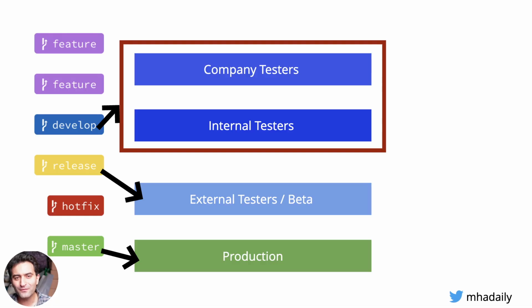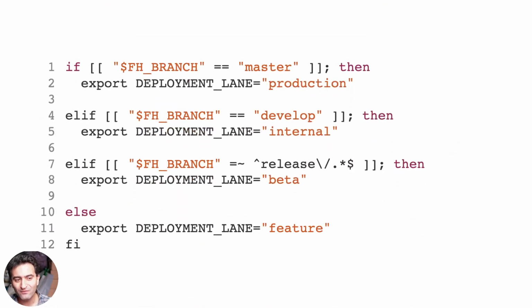So this is one of the flows that works pretty well. In fact, you can create a script, bash or whatever, that also matches your deployment lane with these branches as well. You can simply say, whenever we're talking about the master branch, then we're talking about one production deployment lane, or the other ones as well.